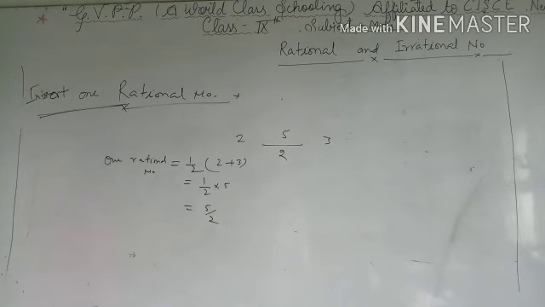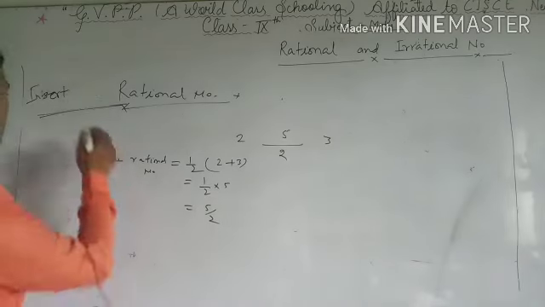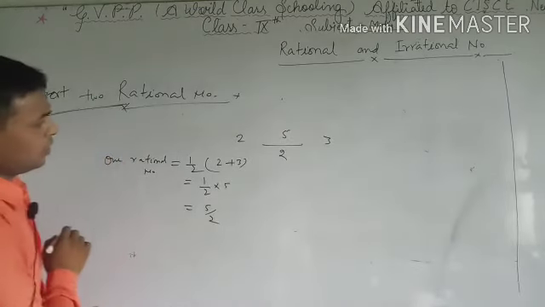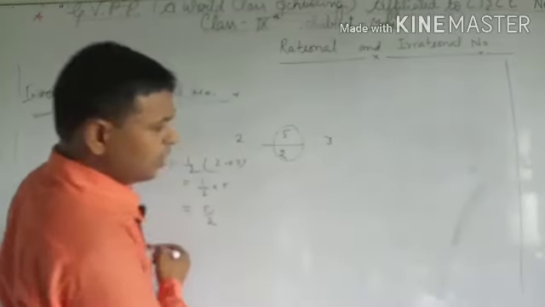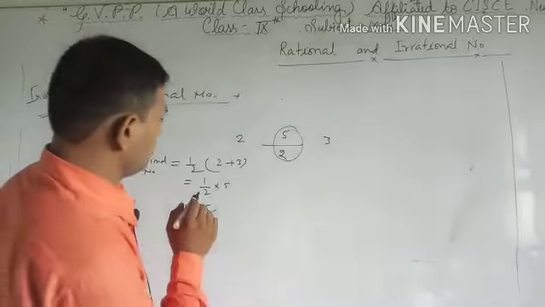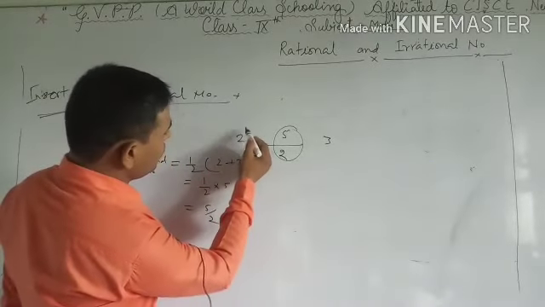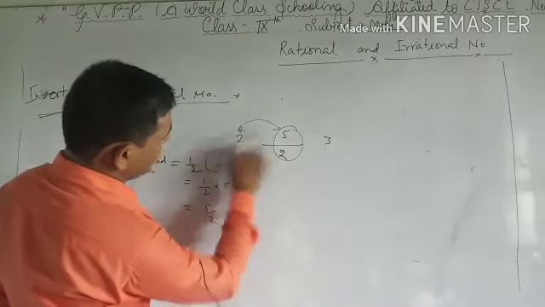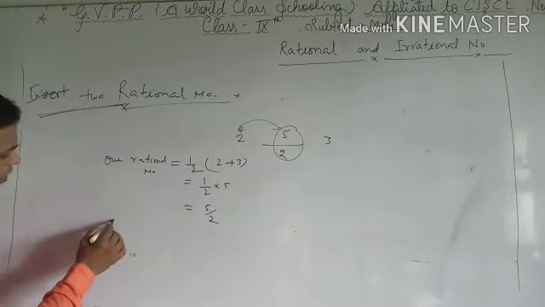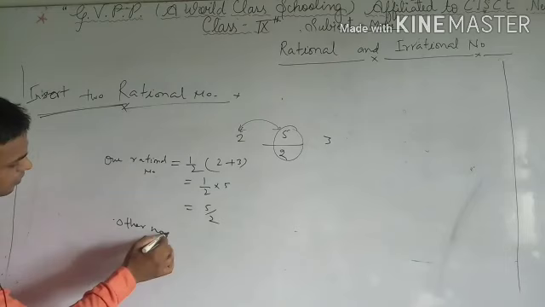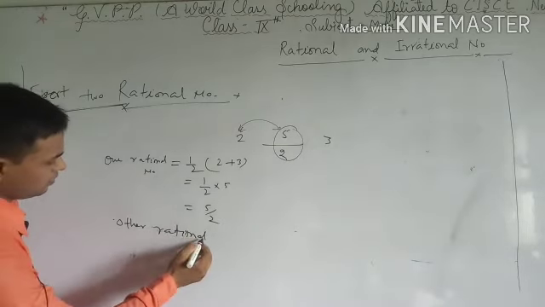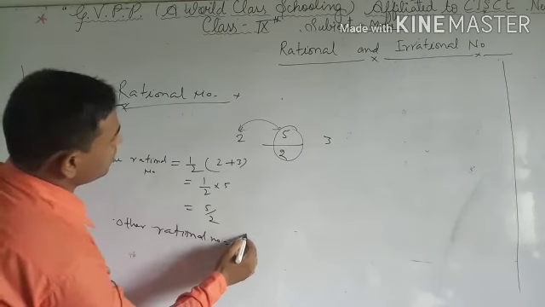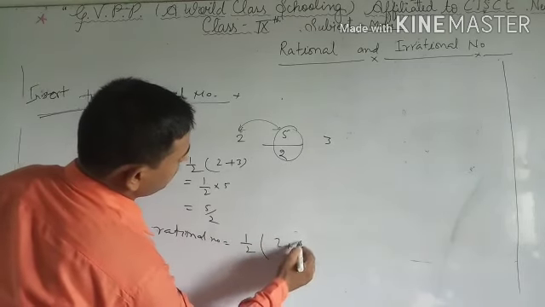Now if you have to insert two rational numbers, how will you insert? See here, suppose you have taken one rational number, and if you have to find another rational number, what do you have to do? You will just take half of this number. So the second rational number will be 1 upon 2 times (2 plus 5 upon 2).